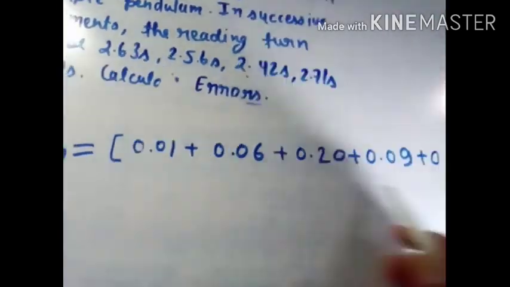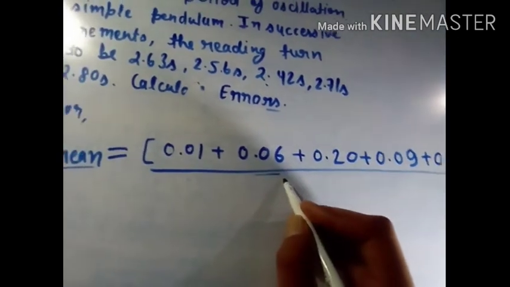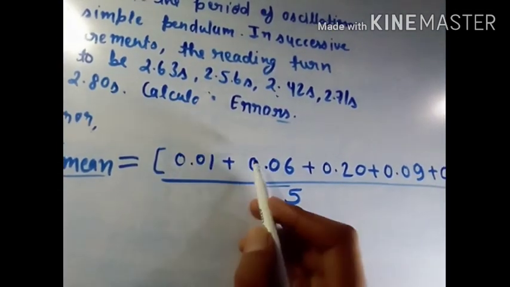Now these are the values, and let us divide them by 5, because there are 5 absolute errors.